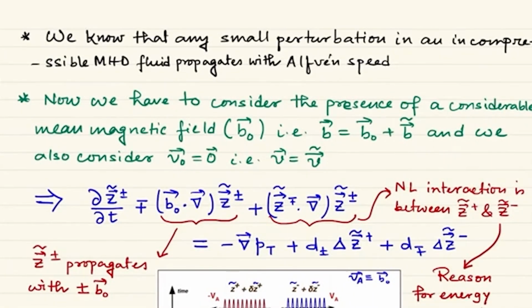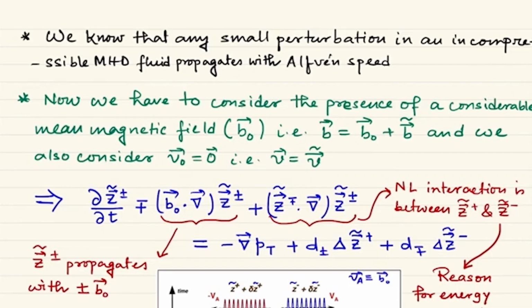Now we know, when we talked about the wave modes in MHD, that in incompressible MHD any weak, first order perturbation propagates with a speed equal to the Alfvén speed, which corresponds to the phase speed of the Alfvén mode, which is the only incompressible mode of an MHD fluid.